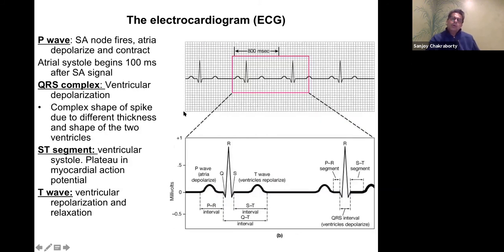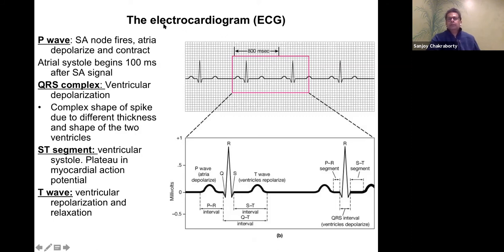What happens is that all this electrical signal, when picked up by a machine, is indicated as these wave-like structures, because depending on how the electrical signal travels through, the machine can produce these deflection waves. These are called deflection waves. They are recorded on graph paper.